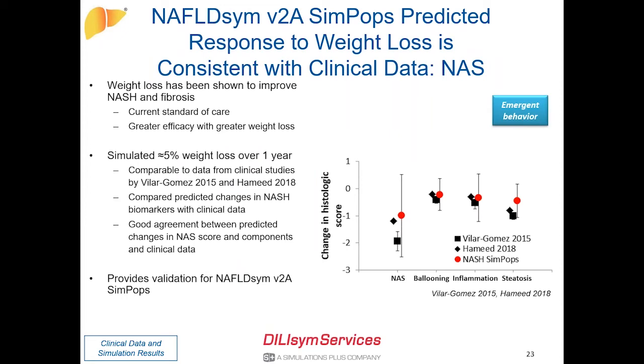And this is really an emergent behavior. We weren't trying to tune or calibrate the response necessarily. So really what you see here is a couple of studies where they had approximately 5% weight loss over various periods of time and used histology to evaluate not only the change in the NASH score, but also the various components of the NASH score: ballooning, inflammation, and steatosis.